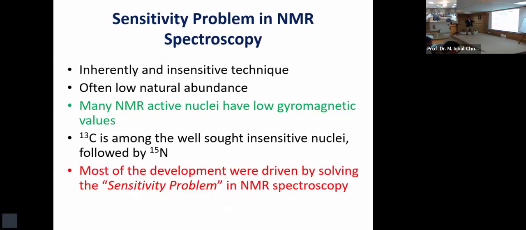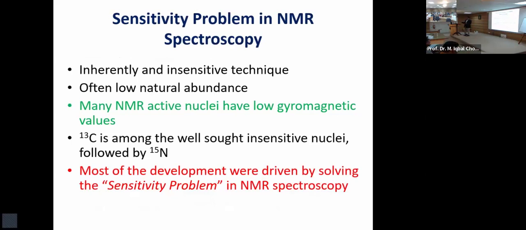As I said, for the first 30 years or so of NMR spectroscopy, people were still working on the sensitivity problem. A lot of DNPs were developed.